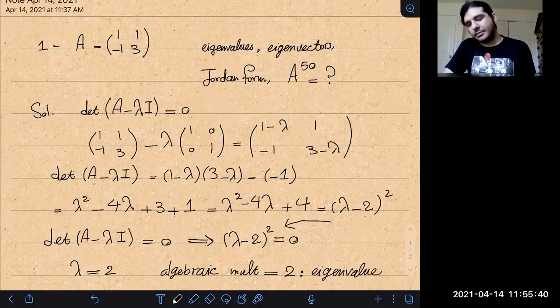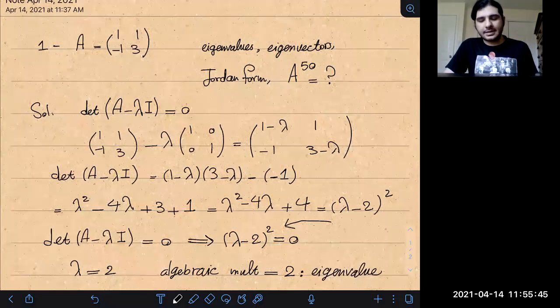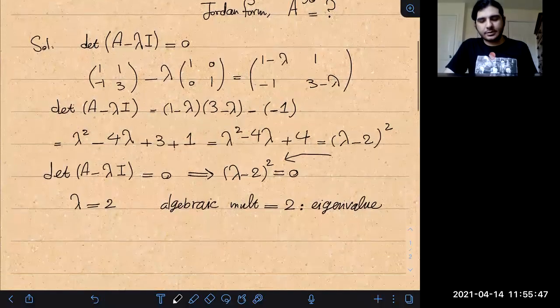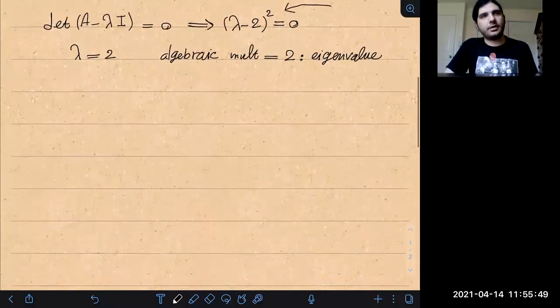Now we want to find the eigenvector. That was the second step. So the second step is to find the eigenvector of this matrix.